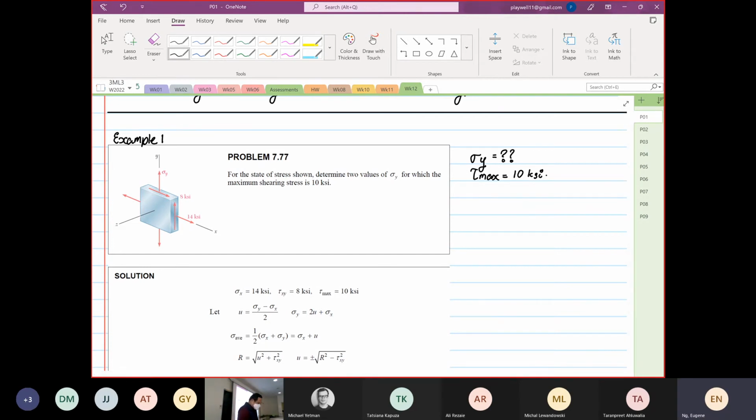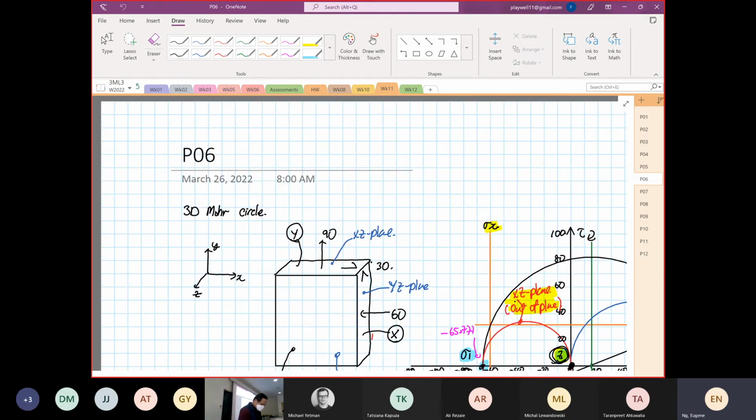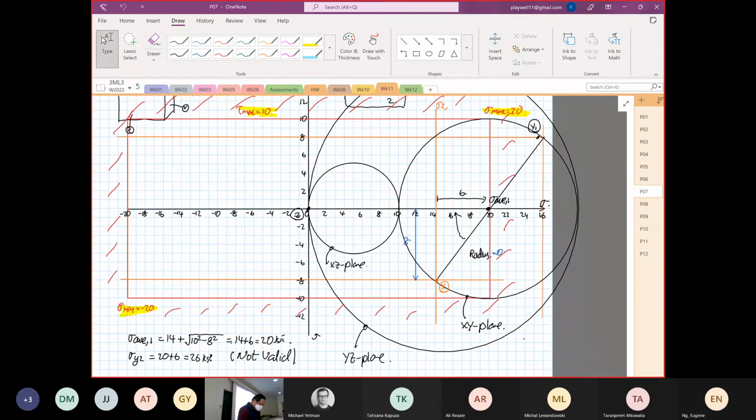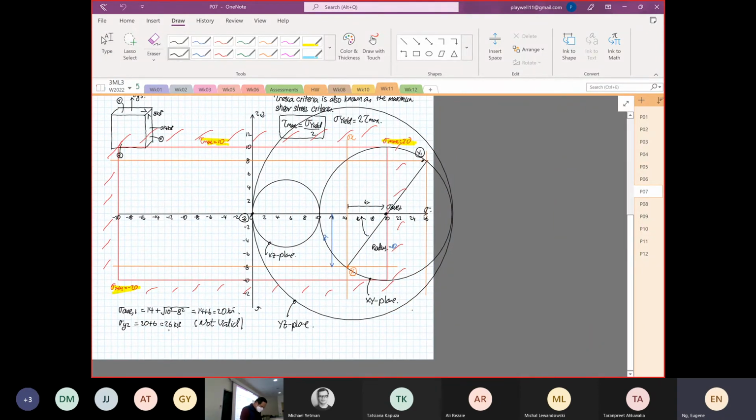So last week, where we finished off, I showed you a situation where the solution is not possible. We picked sigma y1 to be equal to 26 KSI, and it's not valid. It is not valid because the operating limits of our material are in this blue highlighted area that I'm drawing now.